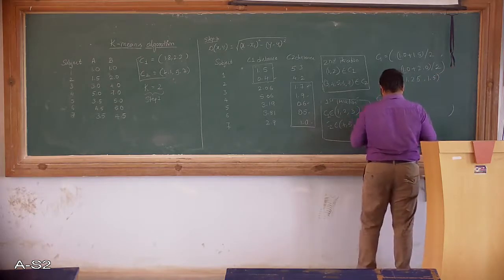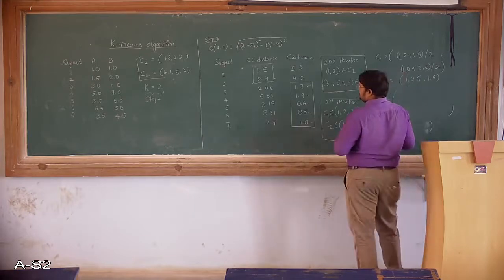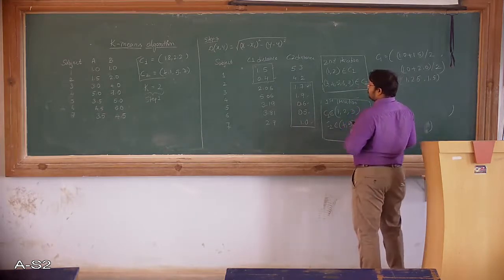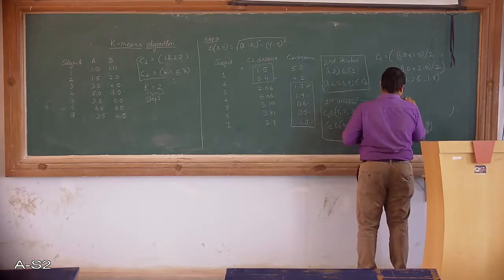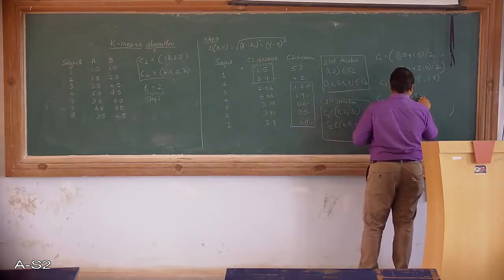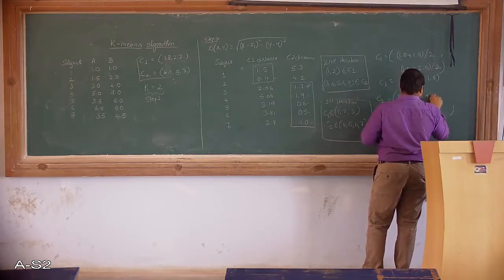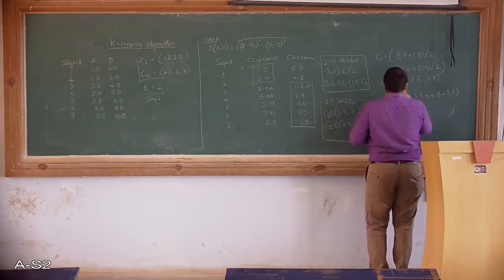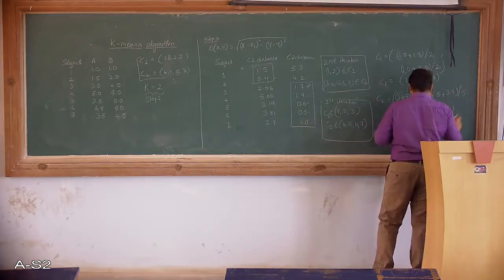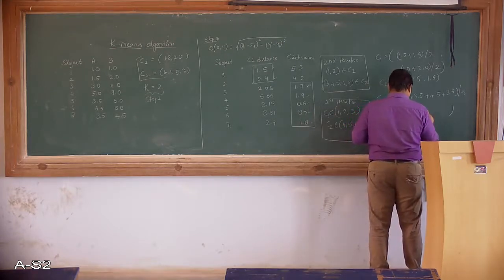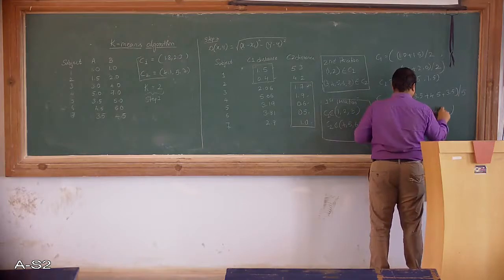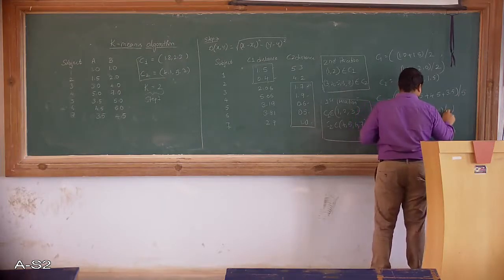For C2 we have 5 different values. So it is (3 plus 5 plus 5 plus 3.5 plus 4.5 plus 3.5) whole divided by 5, since we have 5 elements, and then (4 plus 7 plus 5 plus 5 plus 4.5) whole divided by 5.